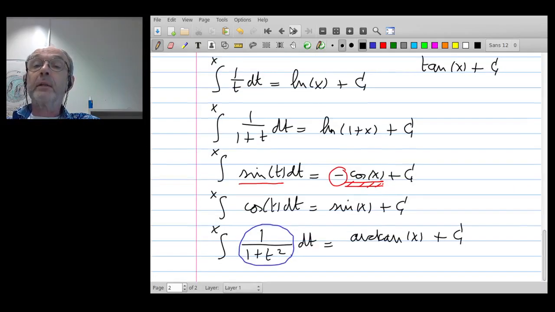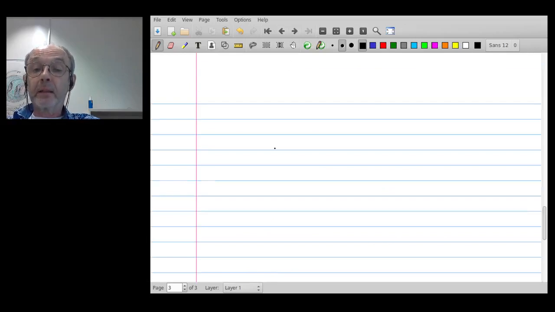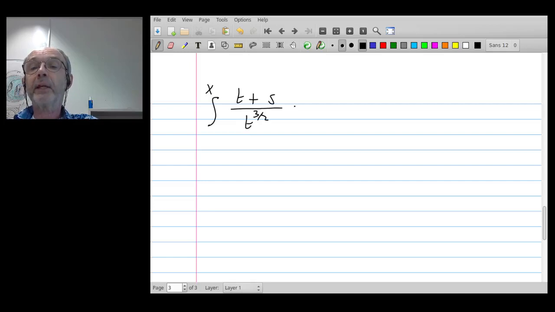So let me try certain integrals. For instance, if you are asked to calculate a primitive function of this one here, t plus 5 divided by t to the power 3 over 2. Directly finding one expression I cannot do, but you can cut that problem into pieces.